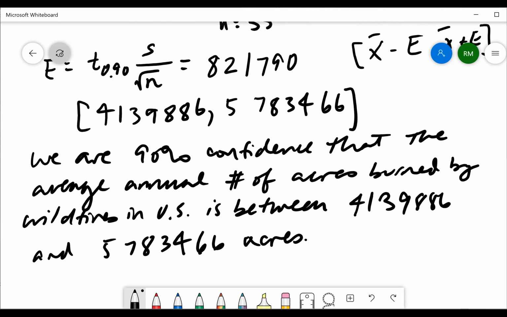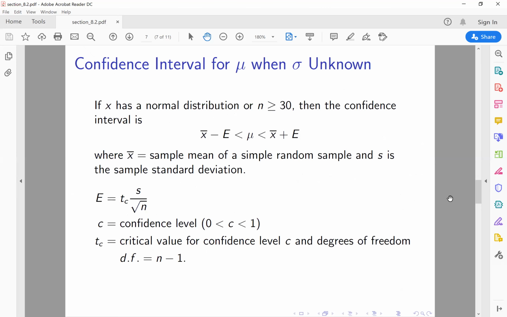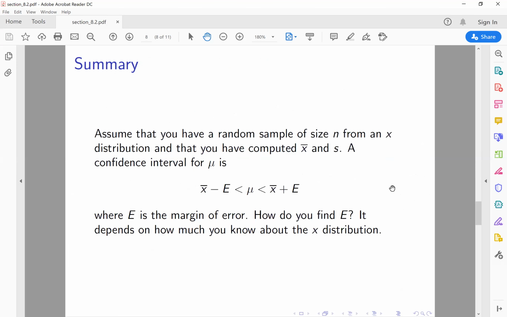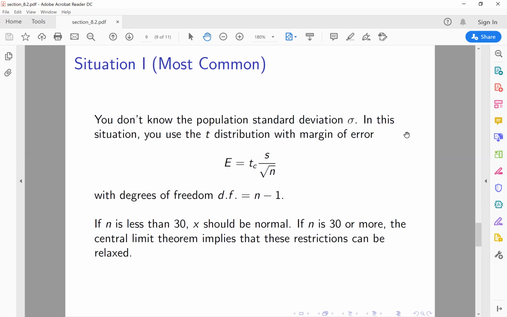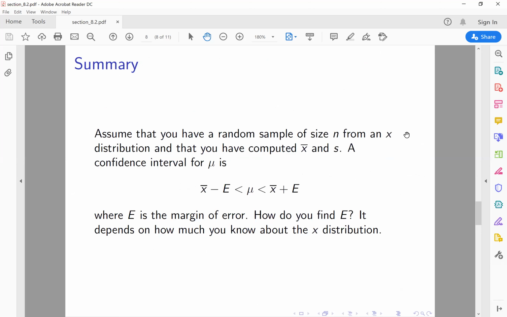All right, so let's go back to our PDF. We've had some chance to use this now to compute some confidence intervals. As a summary, here's what you want to do when you're constructing a confidence interval. You need to ask yourself, okay, how do I find the margin of error, E?